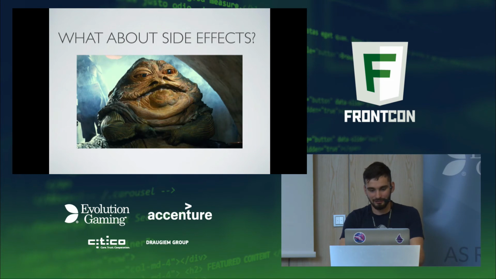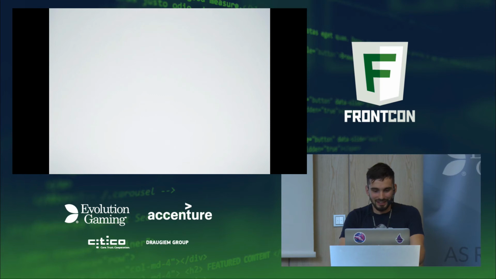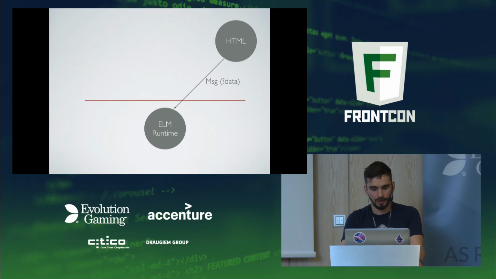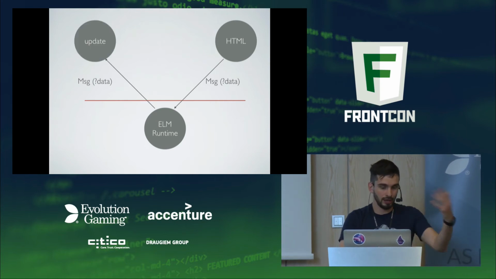So what about side effects, like this ugly monster from Star Wars? Let's say we have some kind of event happening on HTML. Let's say someone clicked a button, right? It's the most classic one. So what we do, we send a message to Elm Runtime, and Elm Runtime actually returns to the update function.